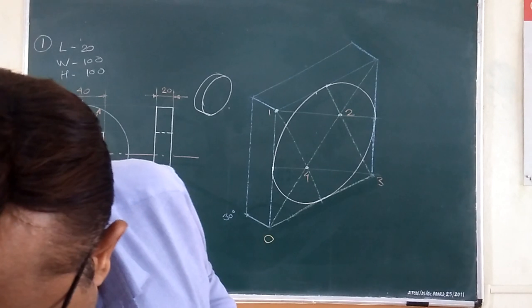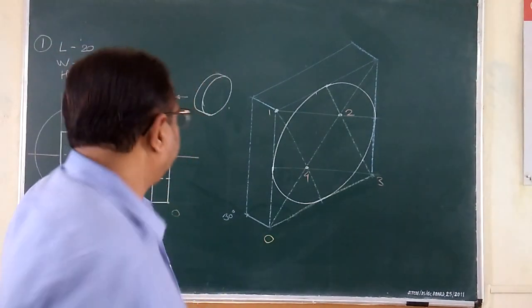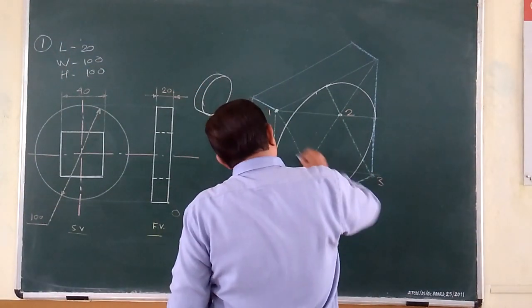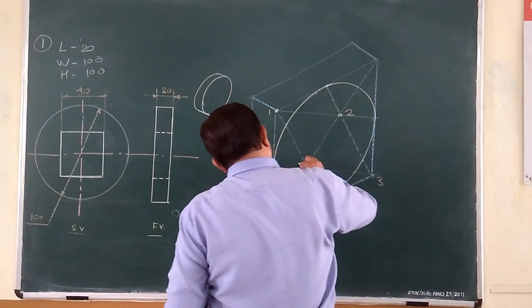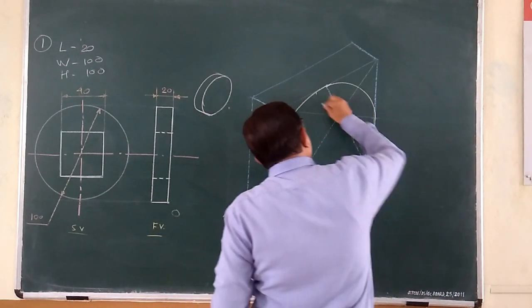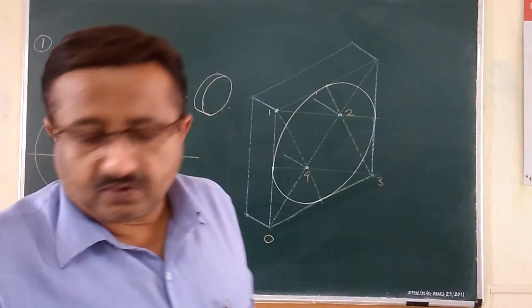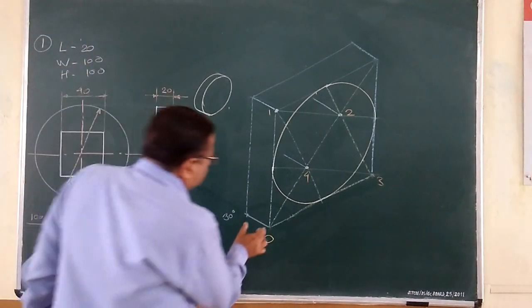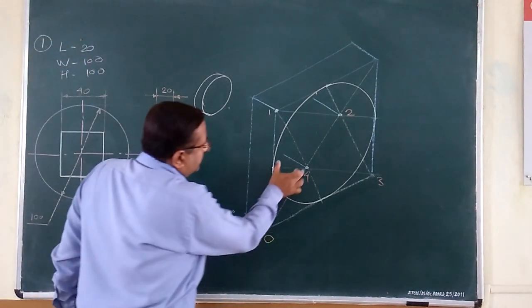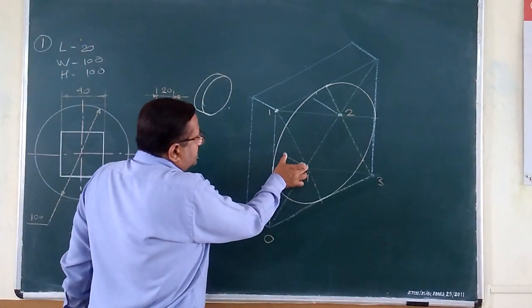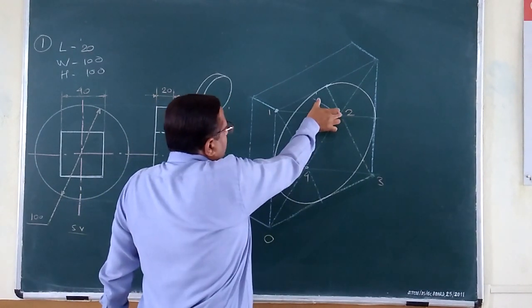Accordingly, now you have to construct projection lines, construction lines, in that direction. Just see, parallel to left 30 through each center. And on those projections, you have to transfer the thickness, that is the 20 mm thickness of the plate.